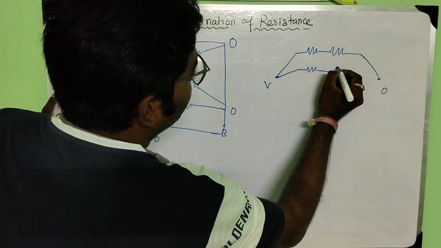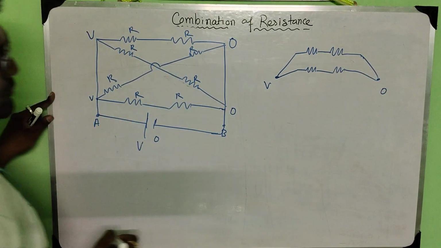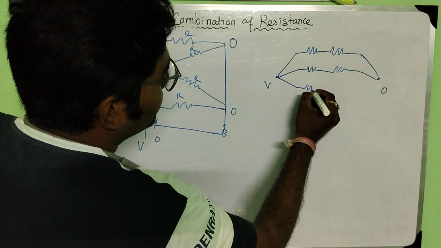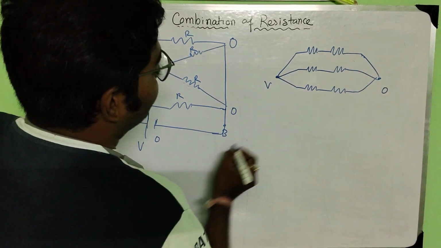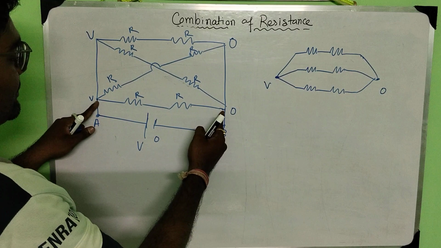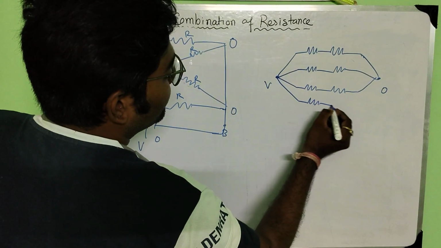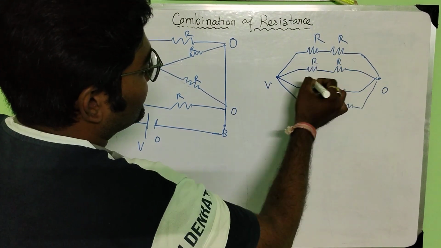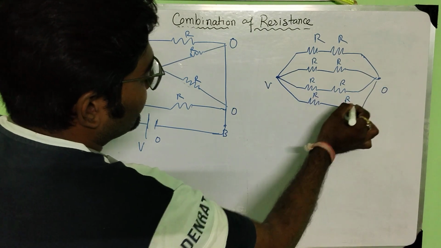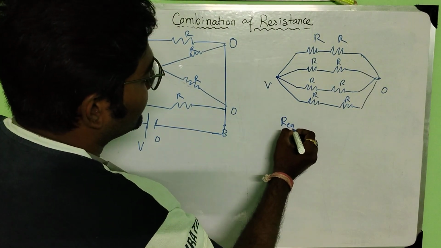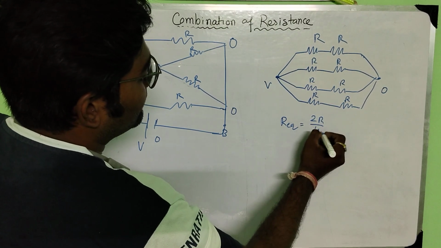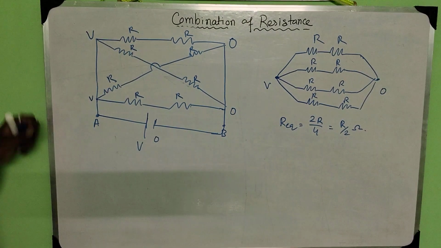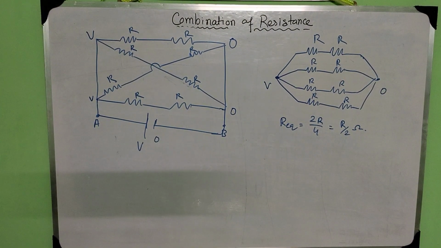And these two resistors also, between V and 0. R equivalent will be 2R by 4, that means R by 2 ohm. It is just simple like this.